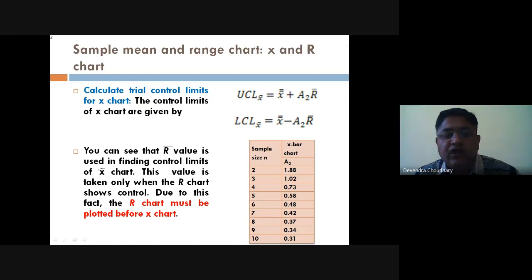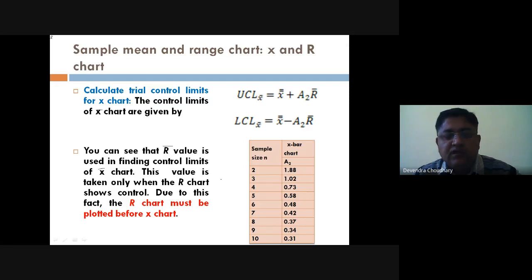So whatever subgroups we have deleted when R chart was out of control, later we plot R chart again by recalculating R bar, and once it shows that R chart is within control, that R bar value is put here.